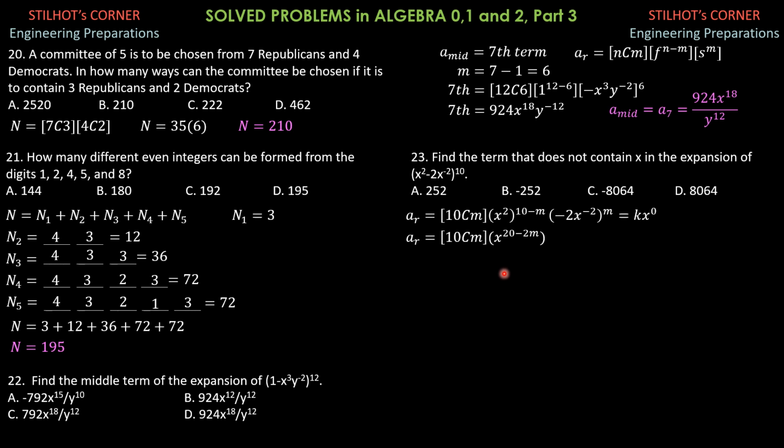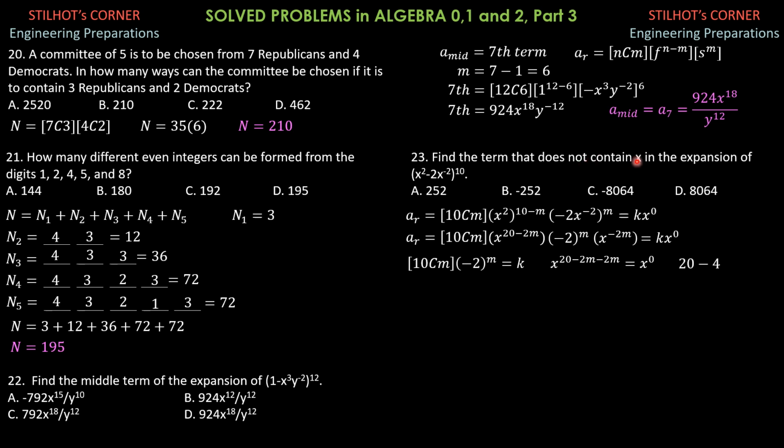So a sub r equals 10 combination m times x to the 20 minus 2m times (-2) to the m times x to the negative 2m, equals kx⁰. Let's move (-2) to the m, the constant, here. Because x to the 20 minus 2m times x to the negative 2m is x to the 20 minus 4m, and it should be equated to 0, since the term we are finding is free of x.